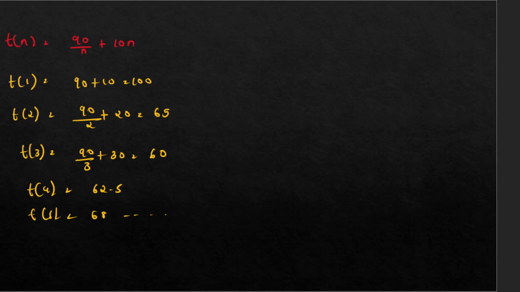But we want the number of cores that minimize the execution time of the program. So what do you think is minimizing the execution time? You can say 60. Out of all this, which is the minimum one? Can we say at 3 it is 60? So 60 nanoseconds is the minimum, at 3.